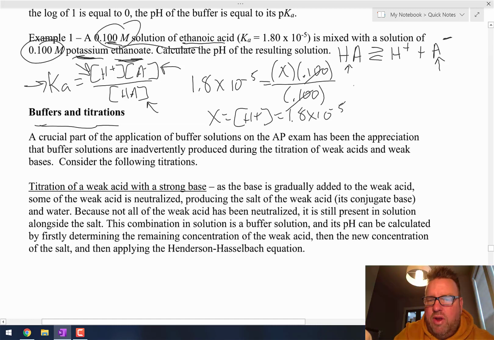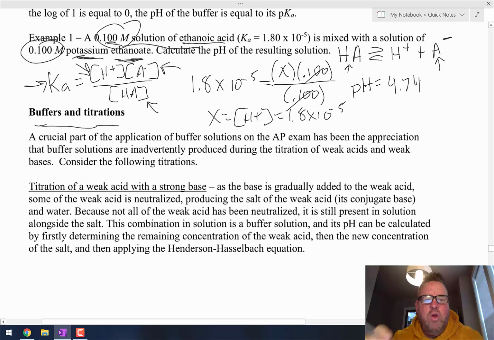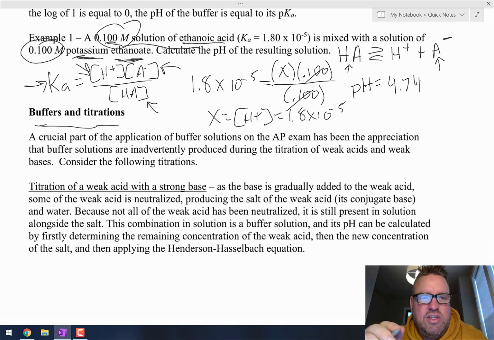From there, we can get the pH. The pH equals the negative log of the hydrogen ion concentration. So negative log of 1.8 times 10 to the minus 5th is equal to 4.74.